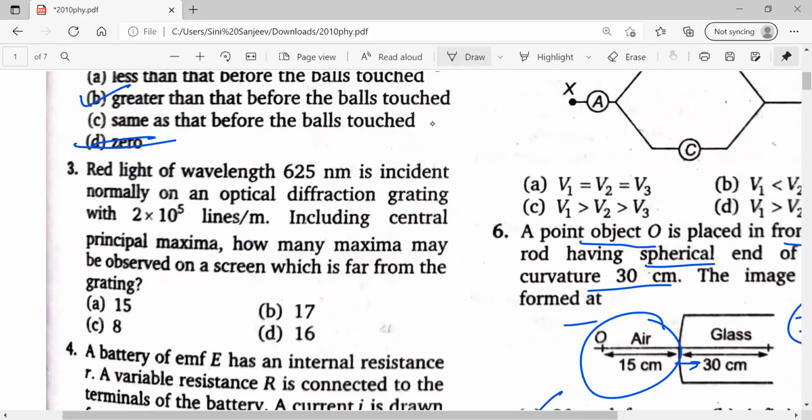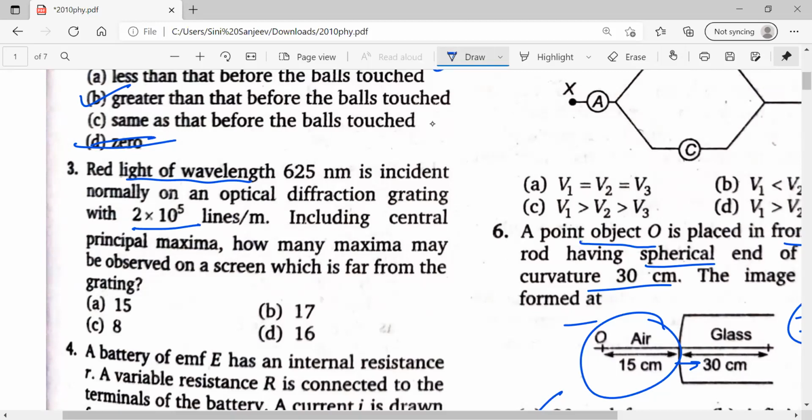And the third question is something which is not there in the syllabus at all, but still. Red light of wavelength 625 nanometer is incident normally on an optical diffraction grating with 2 into 10 power 5 lines per meter, including central principal maxima.